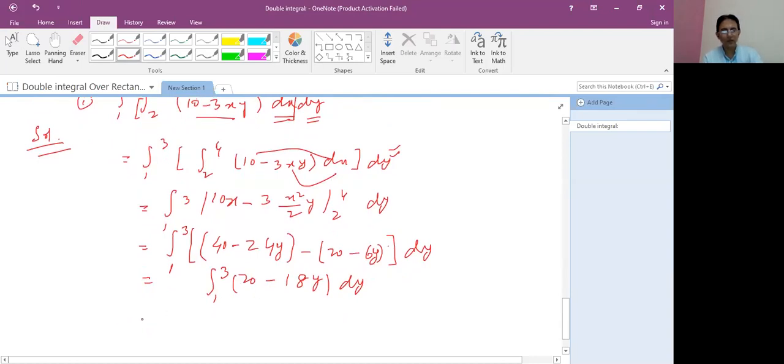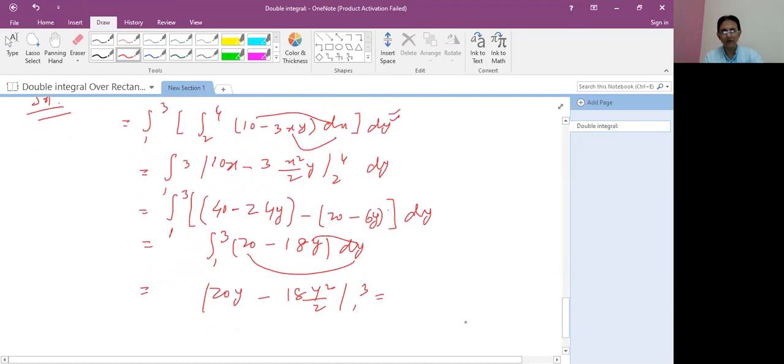In the next step, students, we determine the integral value with respect to y. It means the integral of 20y minus 18y square over 2. The next step, we put the upper and lower limit and find the answer. 2 9s are 18, so it is 20 into 3 minus 9 into 9, which is 81, applying the upper limit.